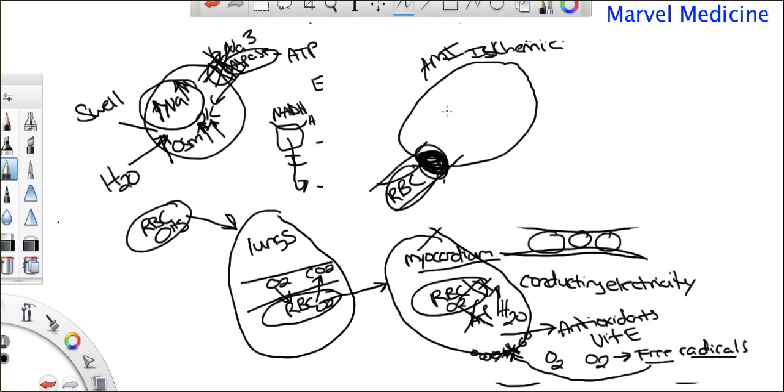What happens? Well, since my cell is ischemic, it's damaged. Can it produce those antioxidants? No, it can't, right? It can't produce those antioxidants. And what's happening is all the myocardial cell walls are becoming really, really damaged and weak.